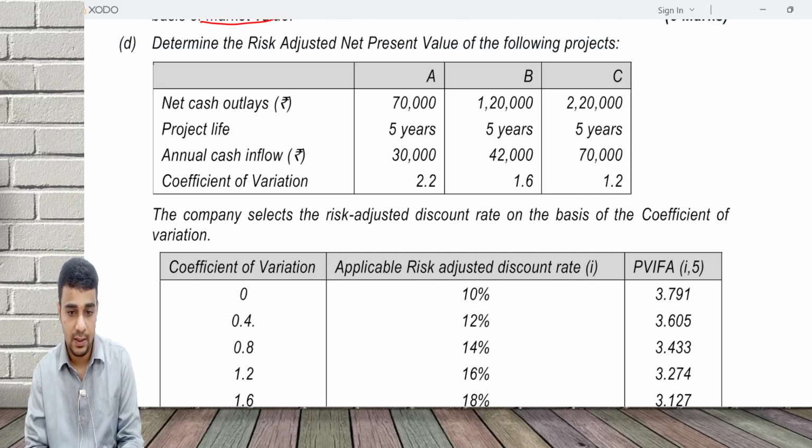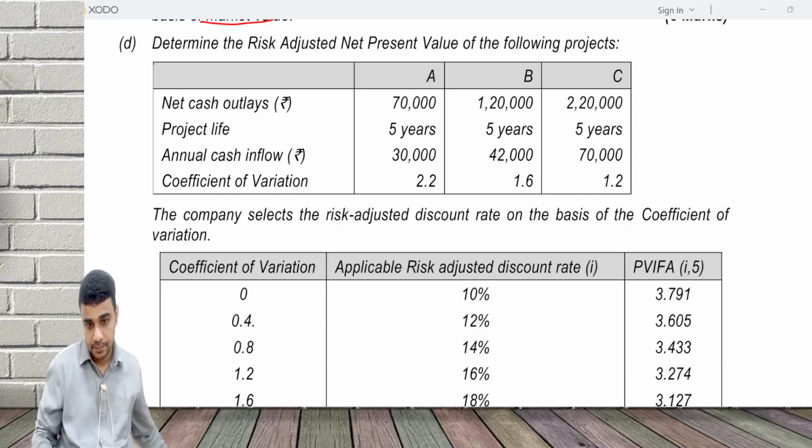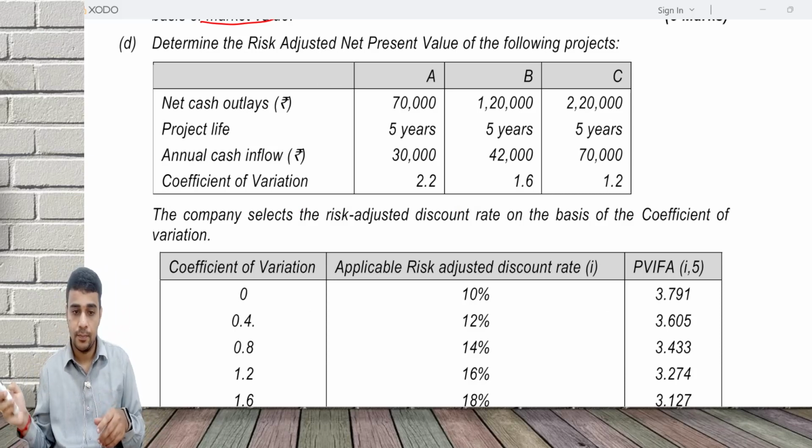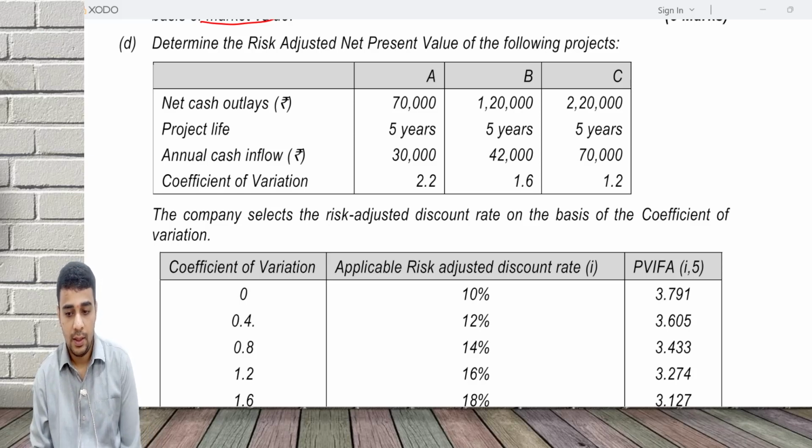In this paper, this was the most simple question. Nothing much is there in this question. Go through the problem first and I'll discuss it.